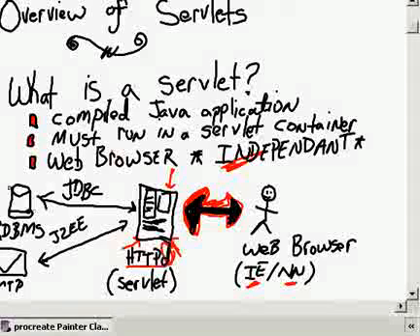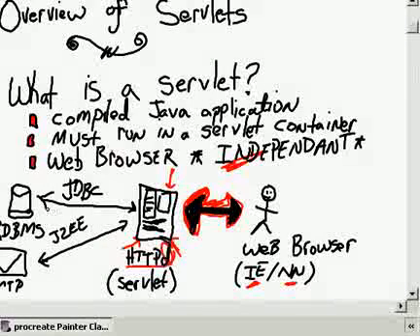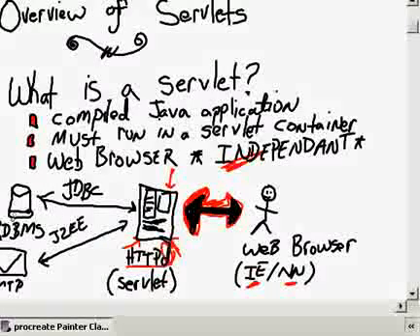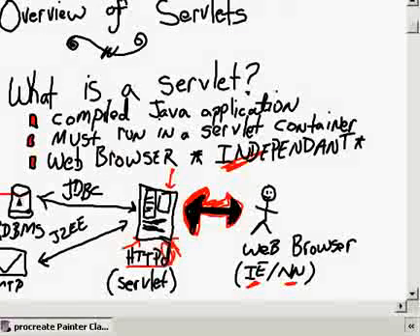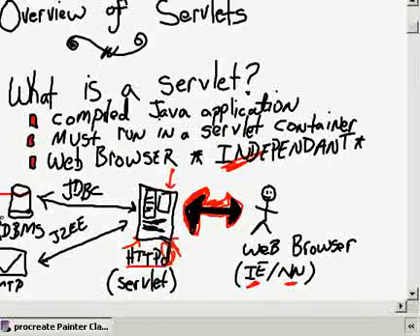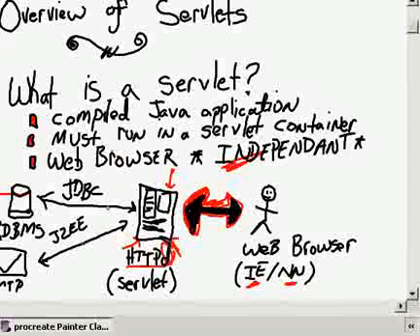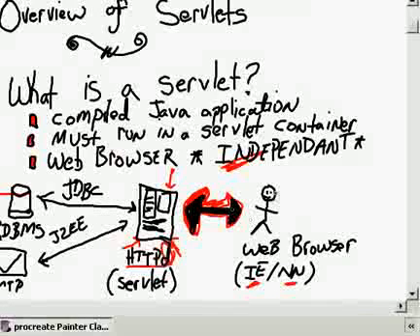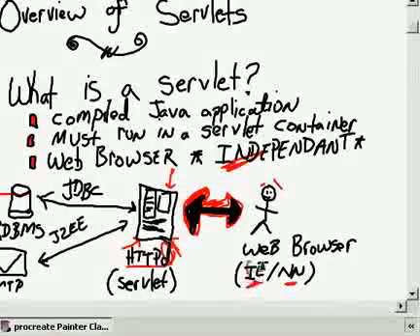And servlets run interference between technologies like databases or email servers or XML web services with SOAP or whatever. So the idea is the client is over here, and who cares what they're using?